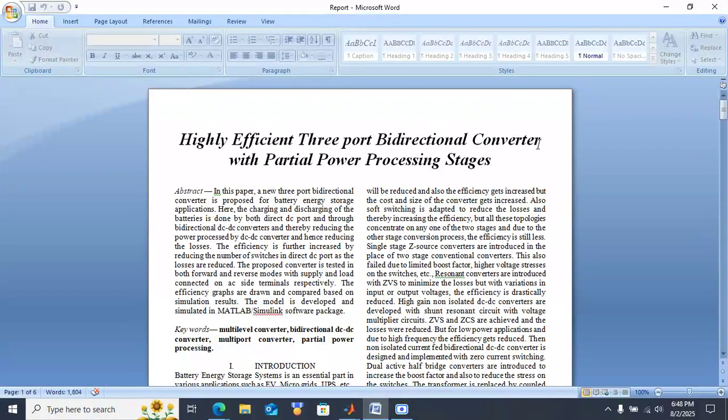By using this we can reduce the power processing time. By reducing the power processing time we can increase the efficiency because losses will be reduced. Yes, the bidirectional converter operates only for a little time. Okay, this is the working.